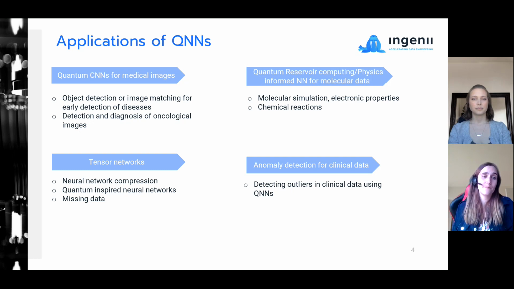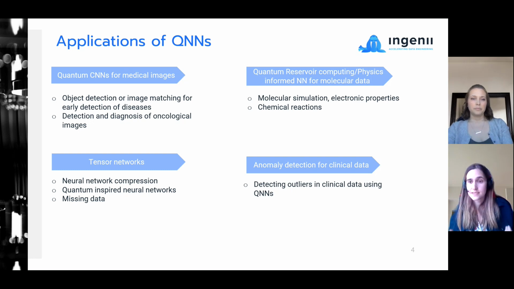Then also tensor networks can be used to design new architectures of neural networks using quantum-inspired architectures to produce better results. And finally, another application of tensor networks is filling missing data. If you have a large matrix, a tensor, where you have a lot of missing points, tensor networks can be used to approximate this tensor and thus fill all these missing points.